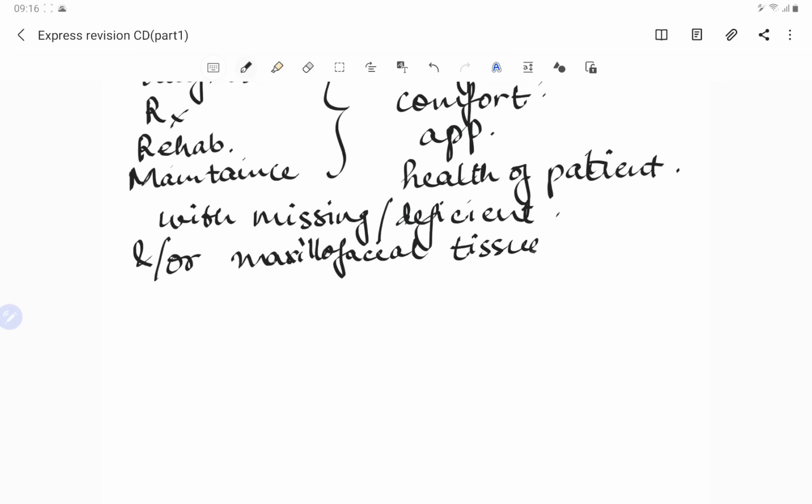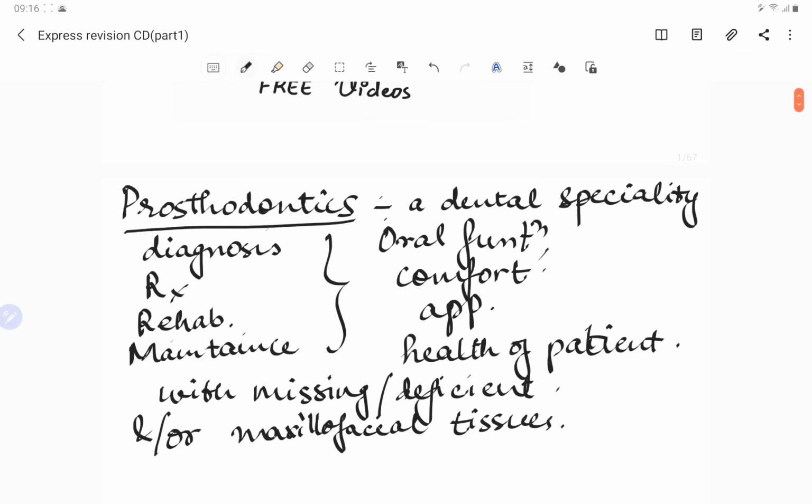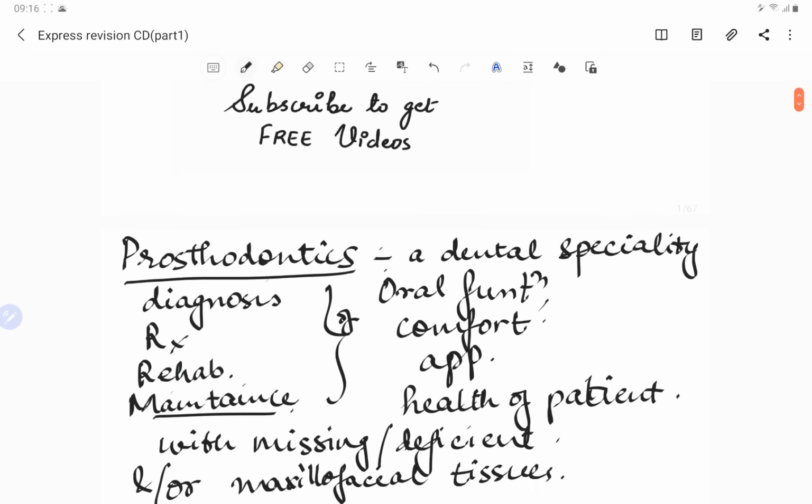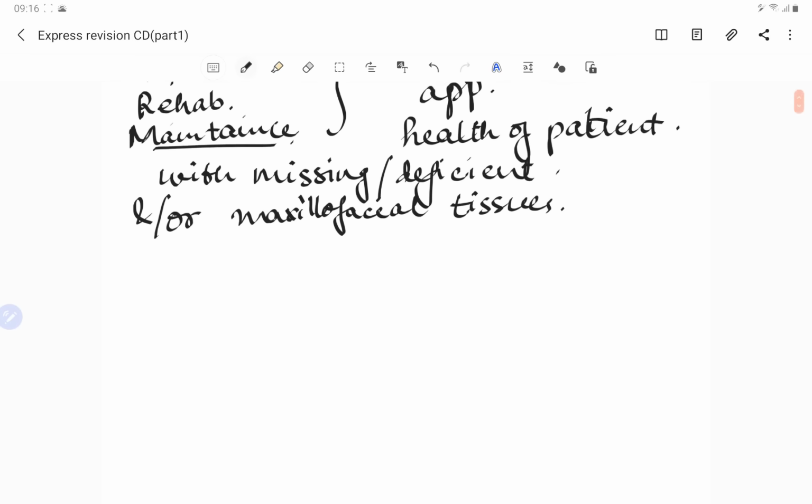So this is the definition of prosthodontics according to GPT-8. It is a dental specialty pertaining to the diagnosis, treatment planning, rehabilitation and the maintenance of oral comfort, appearance, health of the patient with the missing or the deficient teeth and or maxillofacial tissues using the biocompatible substitutes.